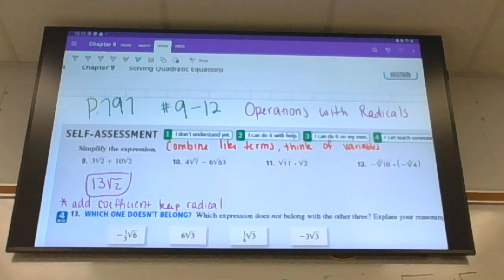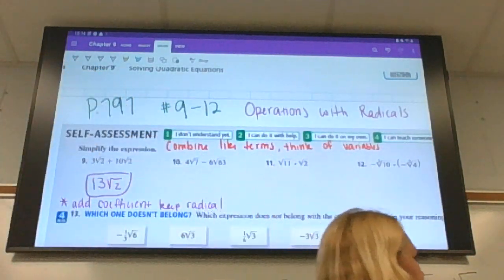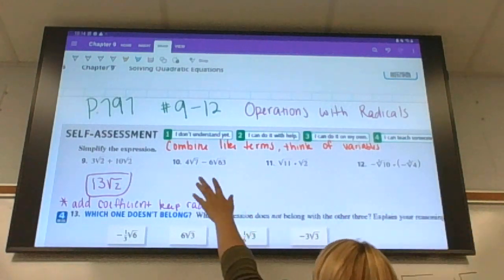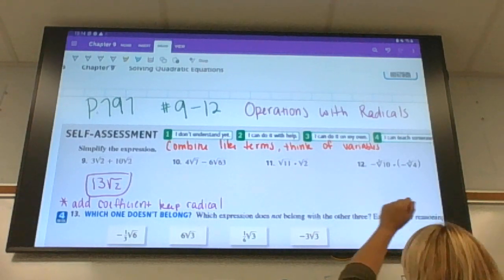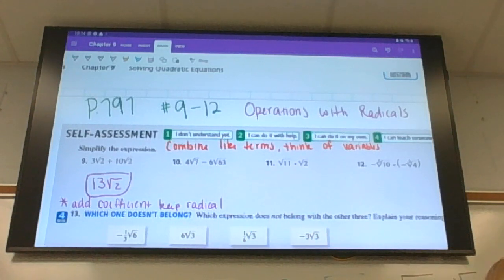Now, number 10, they're not like terms, so we can't do it. You can't add or subtract radicals that aren't like terms. So we'll have to simplify to see if we have like terms. When I look at 7, these are square roots or cube roots? Square roots. 7 doesn't square root. I look at 63 and I have to think, could 63 be simplified?